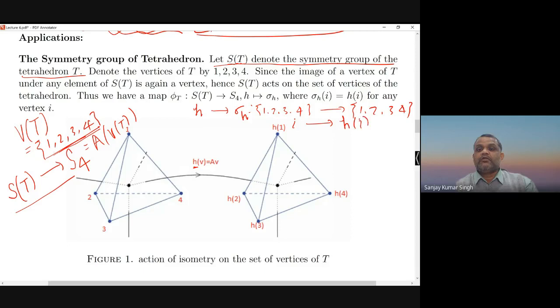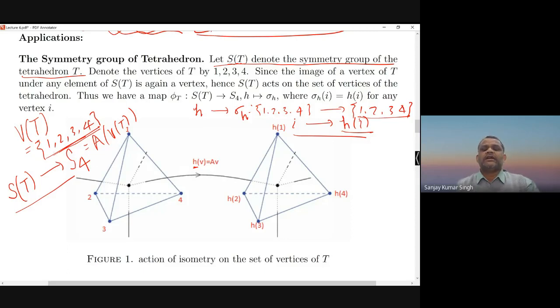And what is h(i)? Because 1, 2, 3, 4 are the vertices, and we observed in the last lecture that whenever I have an isometry, it sends vertices to the set of vertices. So this 1, 2, 3 will go to the set here, and that is my definition. Okay, so far any question here?